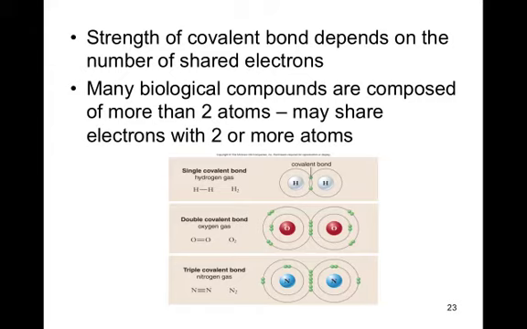That means they share electrons with 2 or more atoms. In fact, there could be hundreds of different atoms that come together to form a molecule using these covalent bonds. Most everything is bonded by covalent bonds because they're stronger. So here's a little analogy that might help you understand the difference between ionic and covalent bonding.